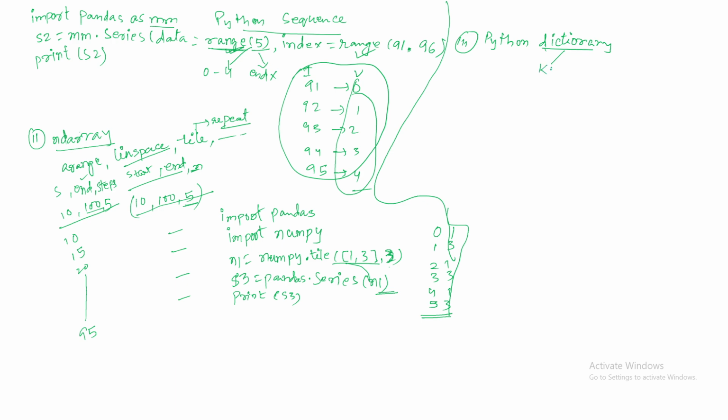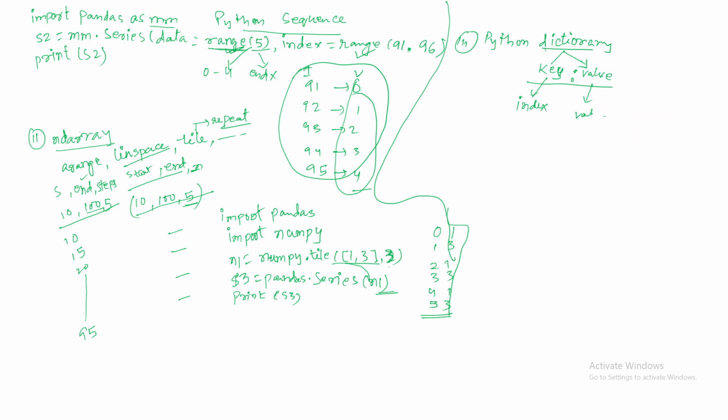Which one? Key with value. And this key with value is separated by a colon. This is the dictionary's syntax. So in this, the key will convert to the index in the series and the value remains the value.